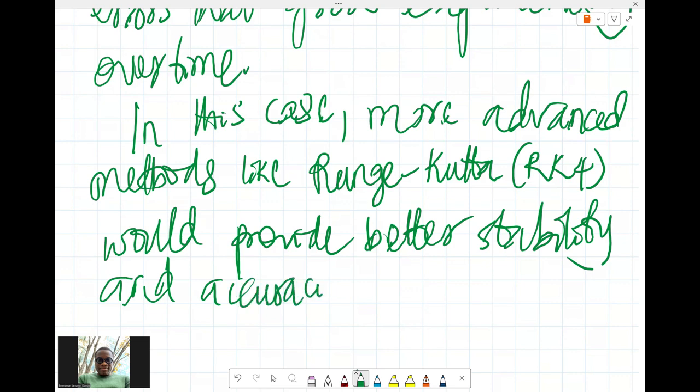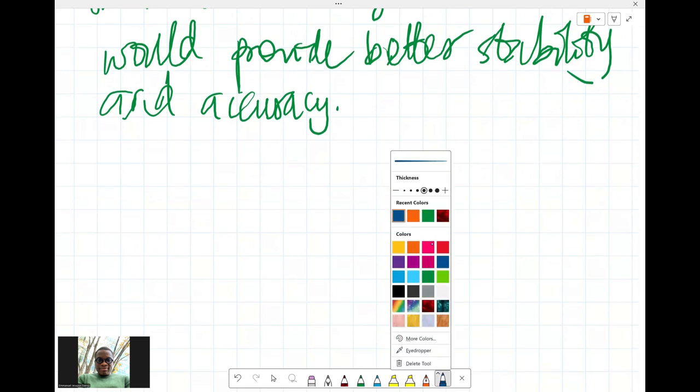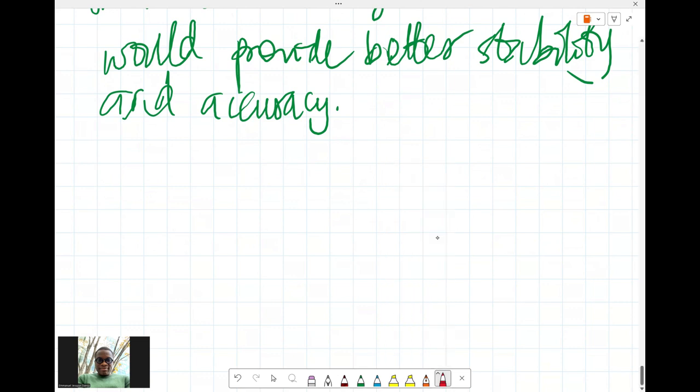Of course, we solved this second problem using both Euler's method and Runge-Kutta method in previous videos, and we discovered that for Euler's method, as we keep increasing the iteration, the result begins to diverge from the exact solution.